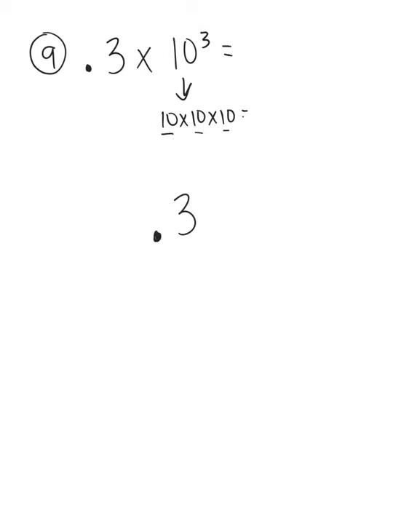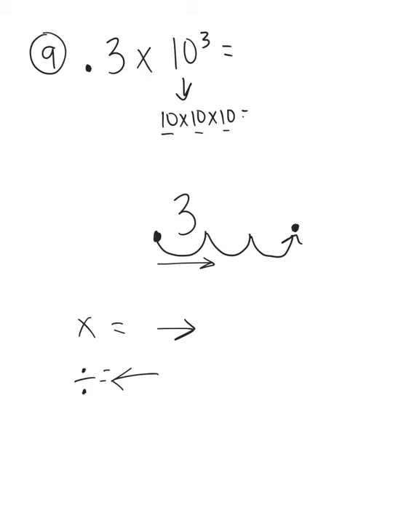And because I am going up in value, I want to move my decimal to the right. Remember, multiplying is to the right. Dividing, move your decimal to the left. Okay, so let's move it by 1 power of 10, 2 powers of 10, and 3 powers of 10. So my decimal is now going to go all the way over here, and I'm going to fill in those place values with zeros.